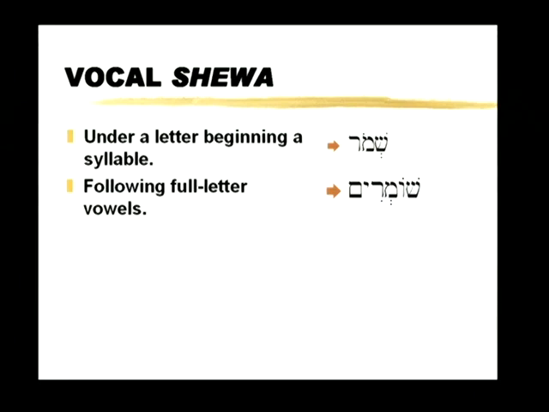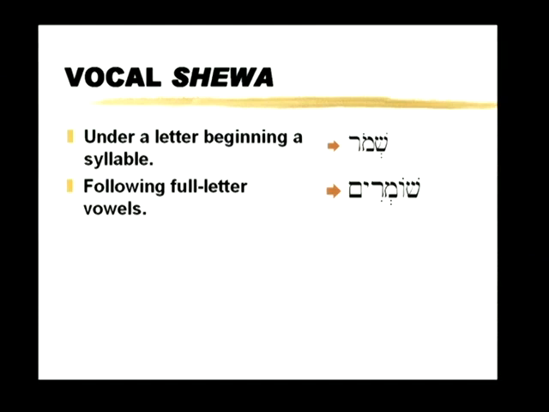So if we have the holum wow here and following it we have the consonant mame, then this schwa is a schwa that is vocal. Why? Because the full letter vowels force the syllable to be open. Full letter vowels, these four, shurik, holum wow, hirik yod, kamets he, and sere yod, cannot be closed normally.